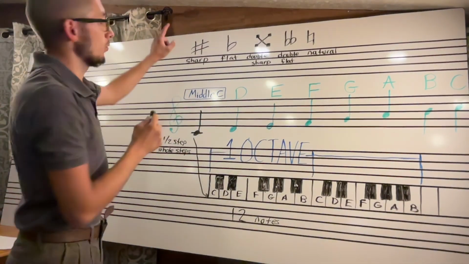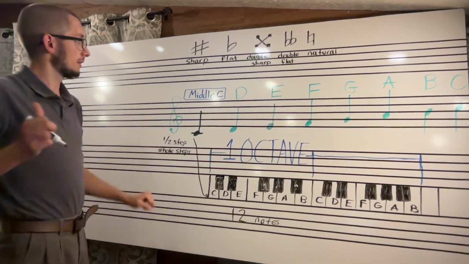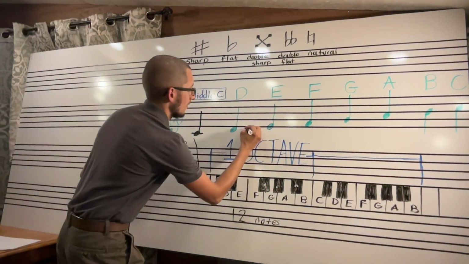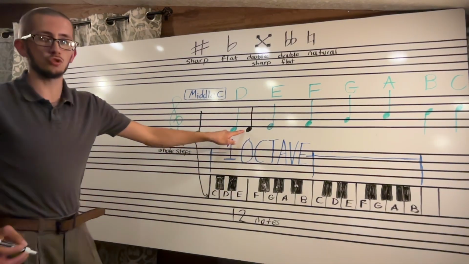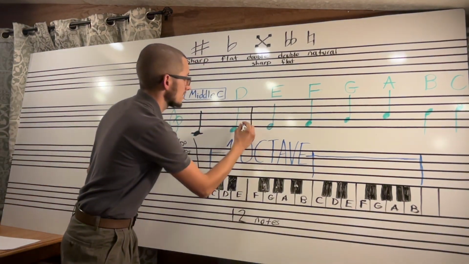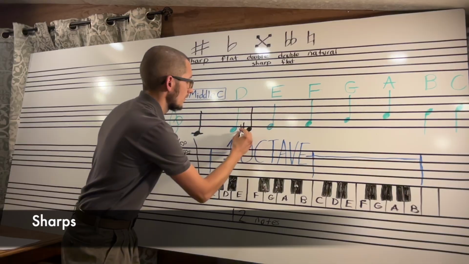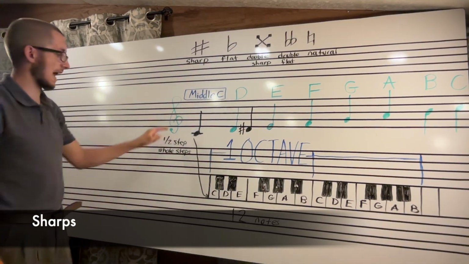Now we will talk about what each one of these accidentals does to a pitch. If you see a pitch like this, so we got a D drawn right here. If you see a D with a sharp sign next to it, a sharp sign raises a pitch by a half step.